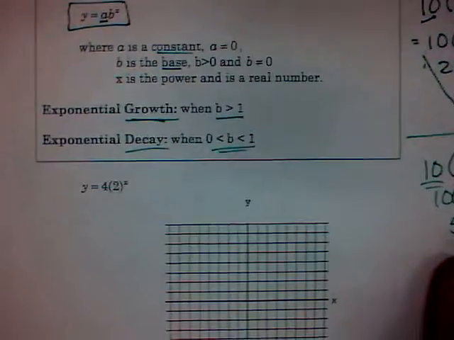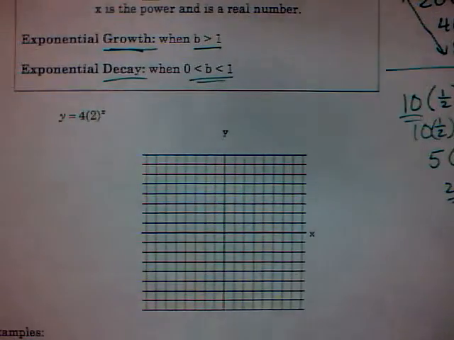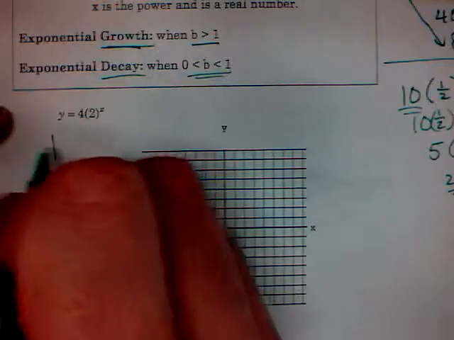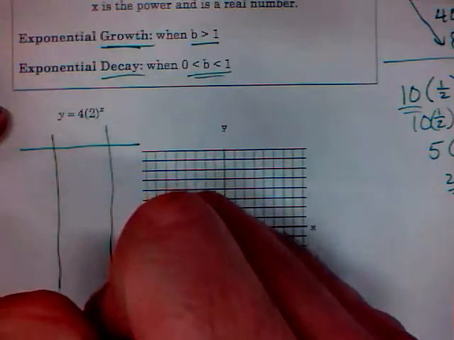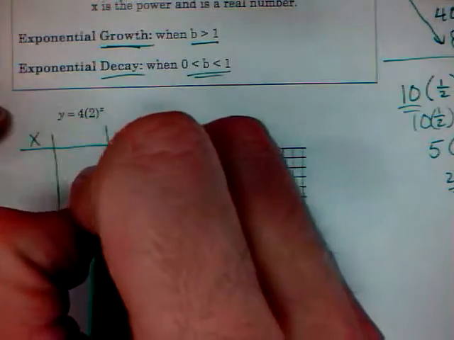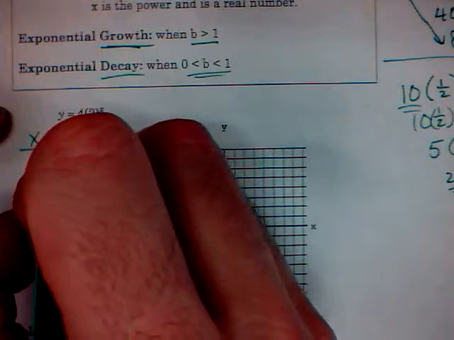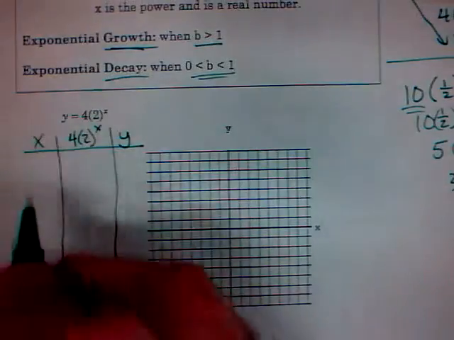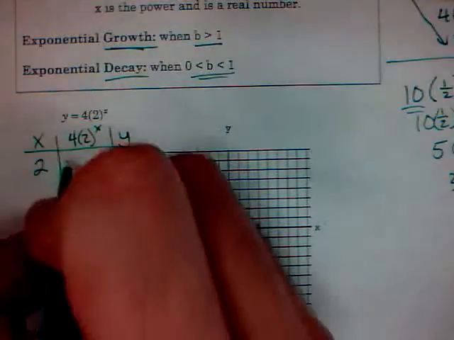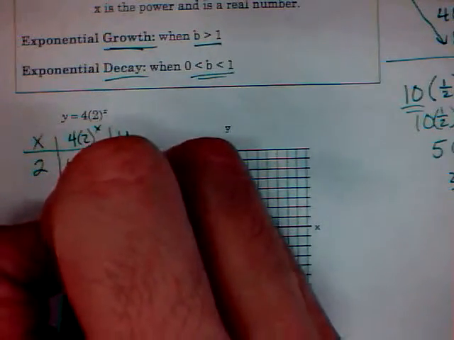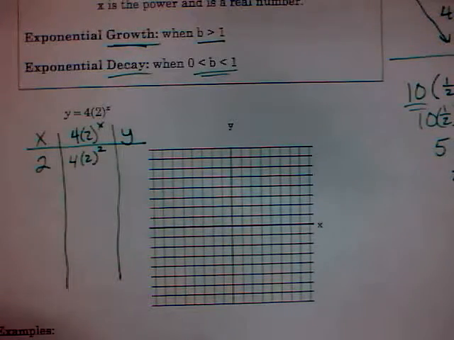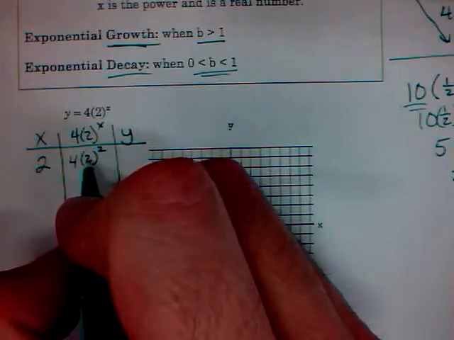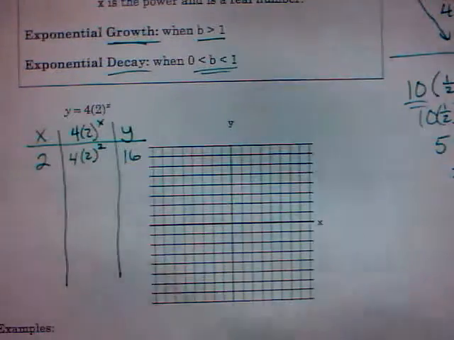So let's look at what the graph of this would look like. If we had this scenario here, let's actually write it like this. Here's x, here's y, and here is 4 times 2 to the x. So let's start off, let's say x was 2. So this would be 4 times 2 squared. So 4 times 2 squared would be 4 times 4, which would be 16.